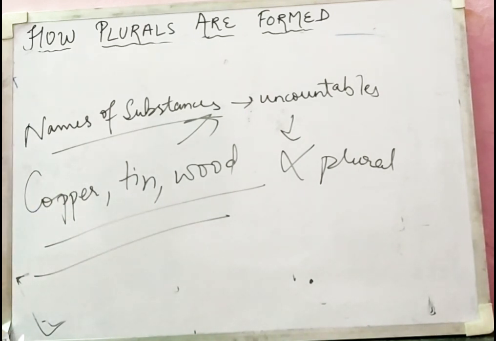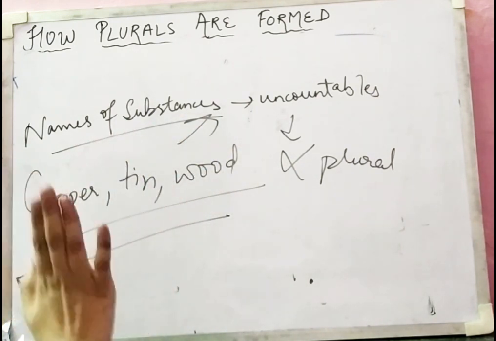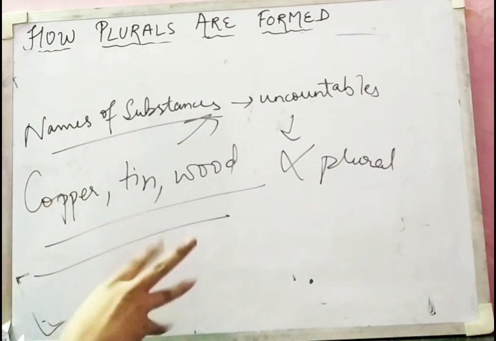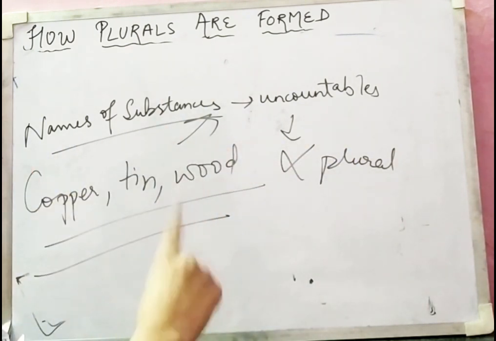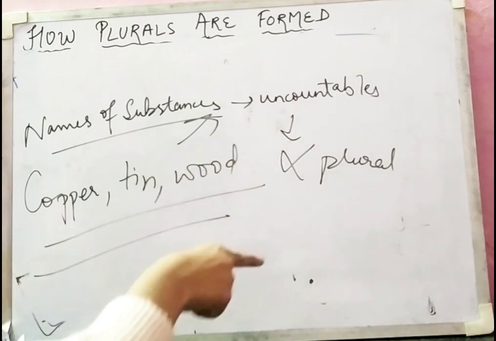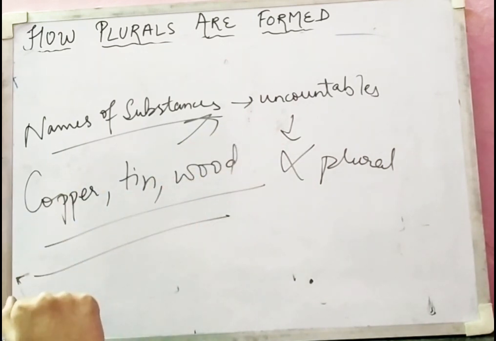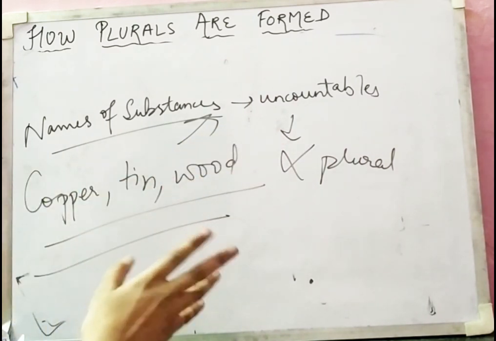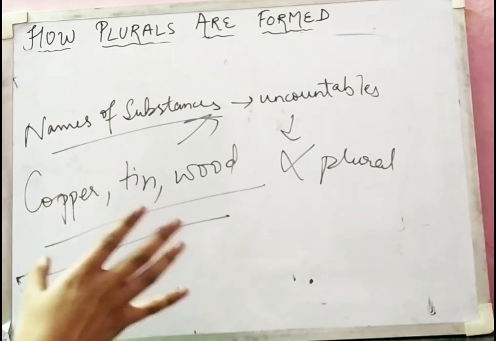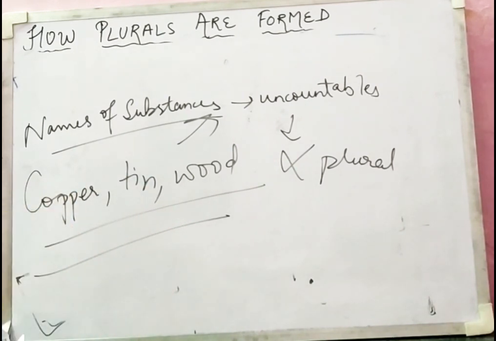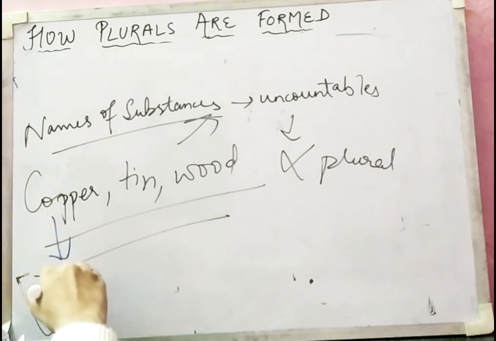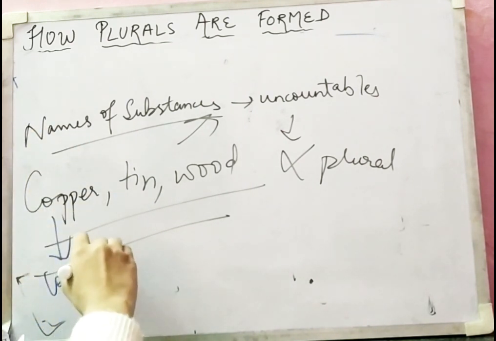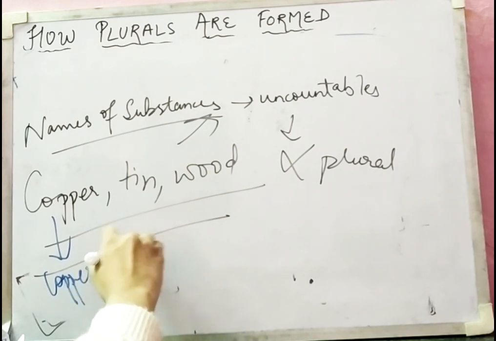Similarly, when such words are used in the plural, they become countables. Right now they are not used in the plural, so they are uncountable. If they are used in the plural, then they become countables with changed meaning, and their meanings will change totally. Like the meaning of copper in the plural will be copper coins.